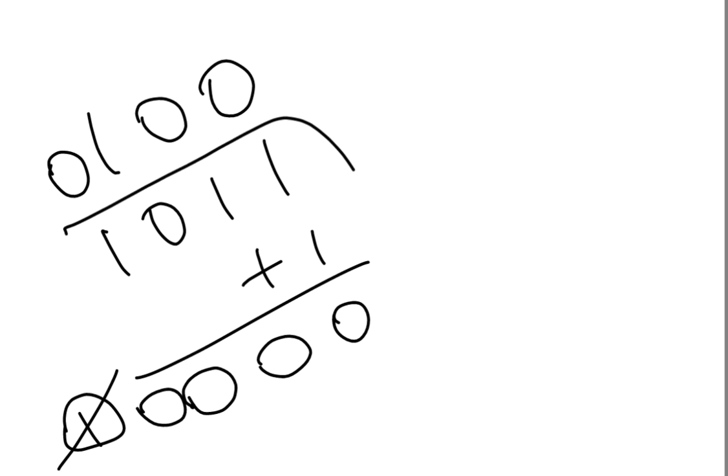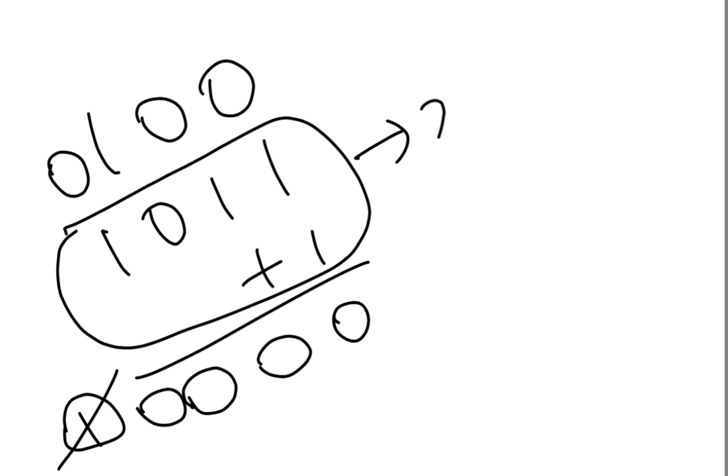And that means this part, which is the same as 2's complementing something, simply should be equal to the negative value of the original number.